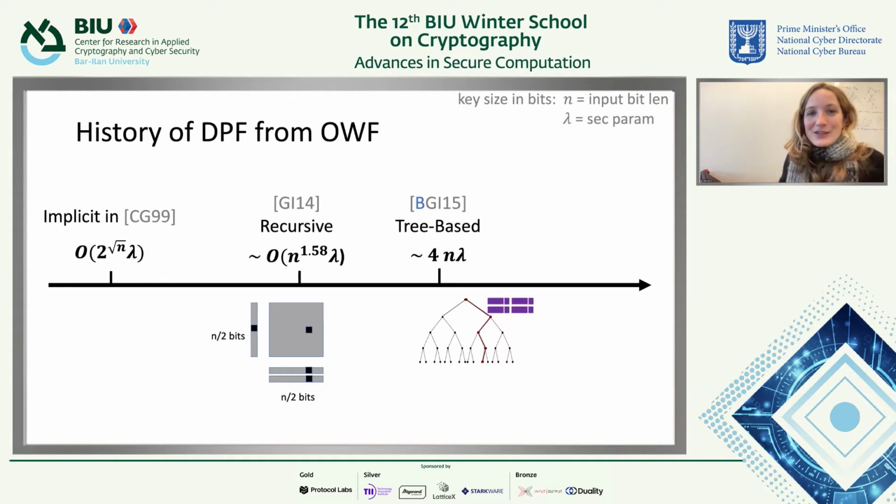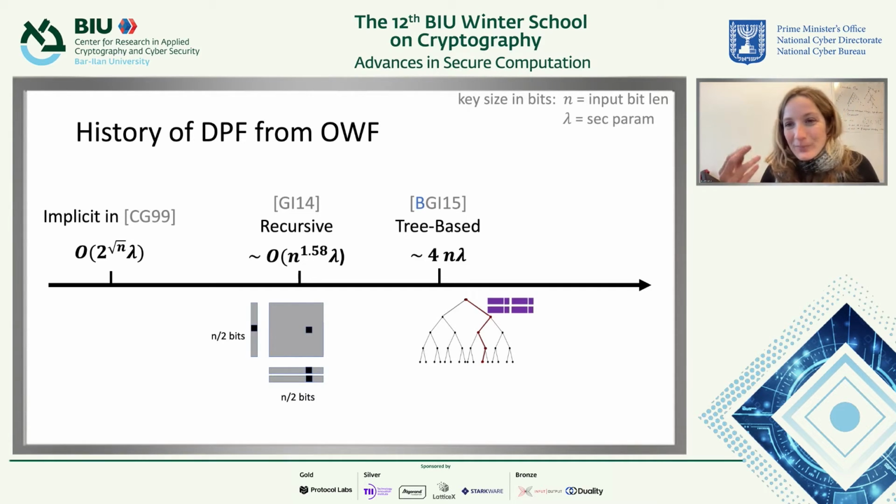Okay, then starting in 2015, this is when I joined in and became part of this. So this was the paper on function secret sharing, Eurocrypt 2015. And one of the things that we show in that paper is an improved DPF construction based on a tree structure that got rid of this n to the 1.58 and instead had a linear term of n in there.